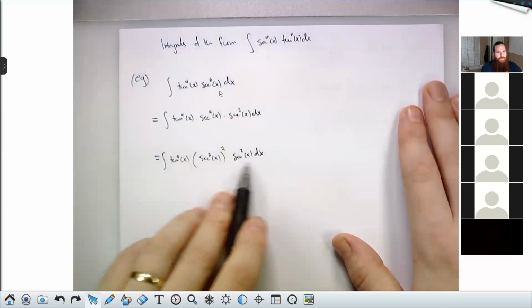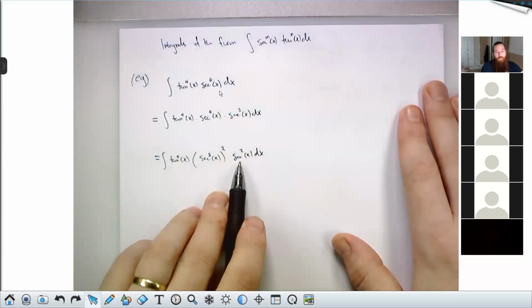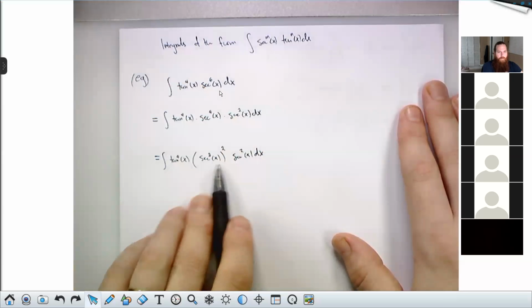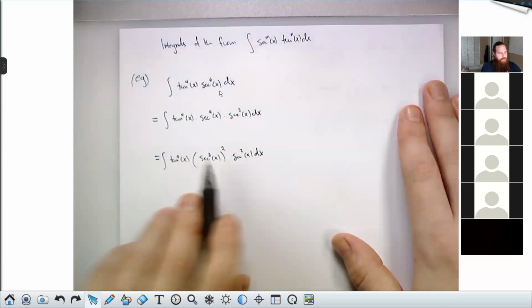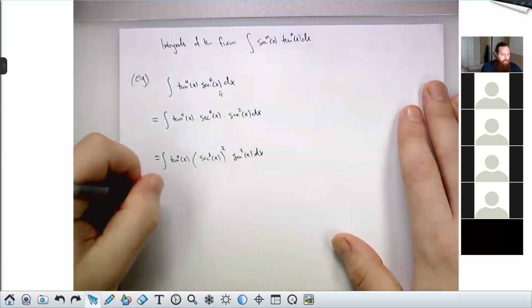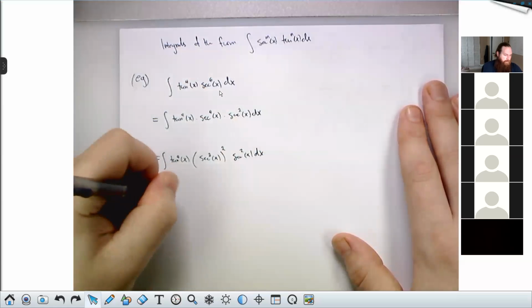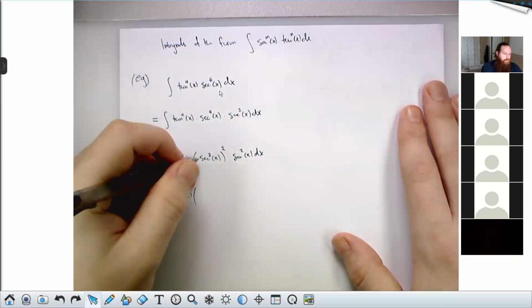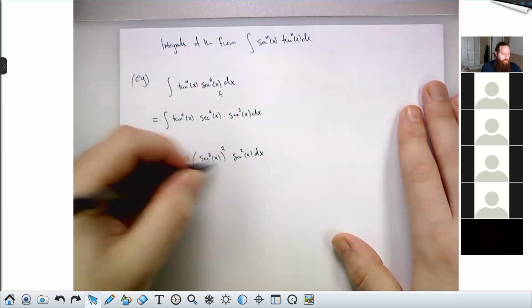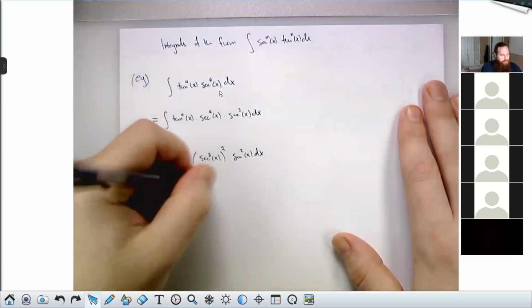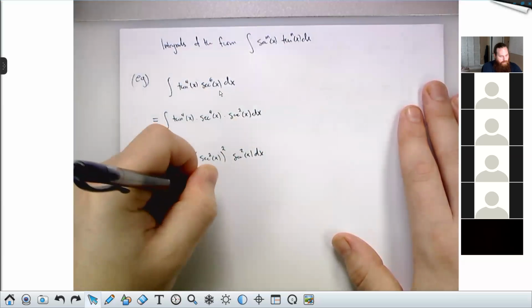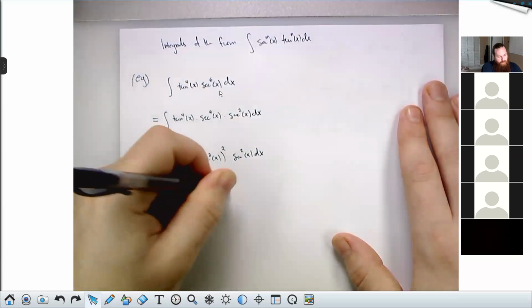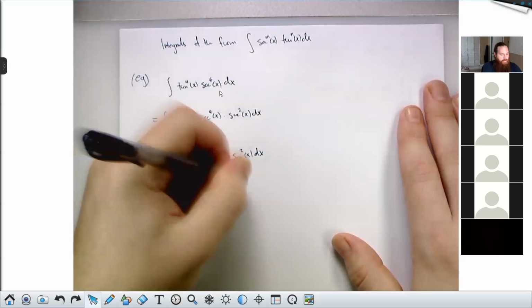This secant squared I'm leaving alone because I want to use him when I substitute for tangent. But these guys I need to rewrite as tangents so that that substitution will be happy. So I rewrite secant squared squared, and then the inner secant squared I rewrite as tan squared plus 1 using the second Pythagorean identity.